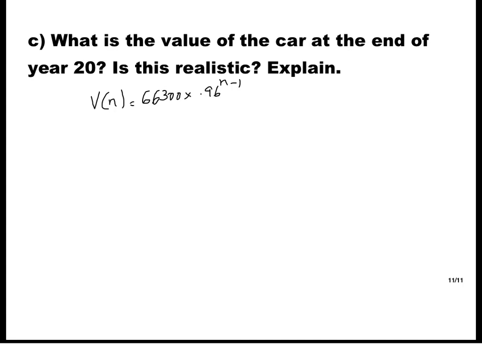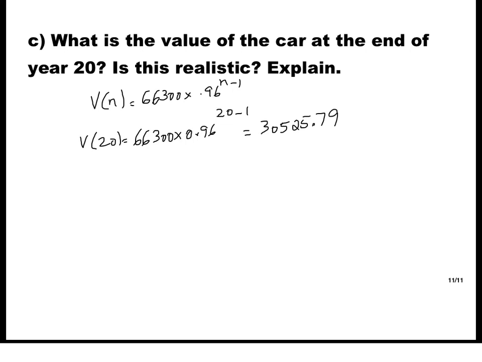Now the next part of the question says, what is the value of the car at the end of year 20? So V20 is going to be 66,300 times 0.96 exponent 20 minus 1. If you use your calculator, this is going to give you 30,525.79. Now the question says, is this realistic?